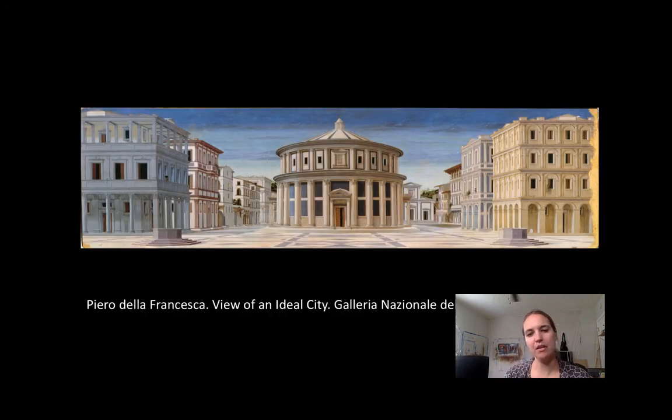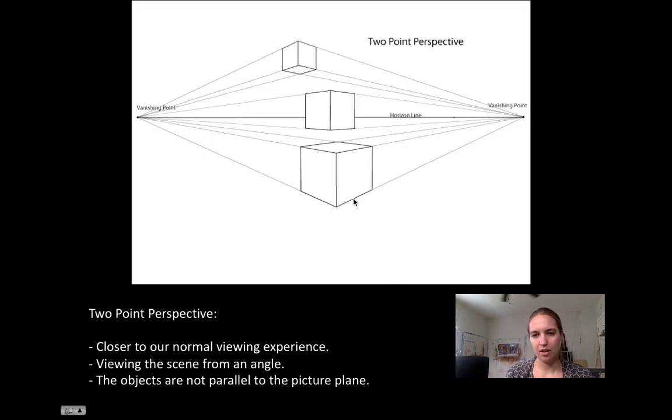Here's an example of that linear perspective. And 2-point perspective, I don't have an assignment where you learn 2-point perspective. If you've taken drawing and you want to use 2-point perspective in your assignment, you can go for it. But 2-point just means there are 2 points, and one side of the box goes to one point and the other side goes to the other point.